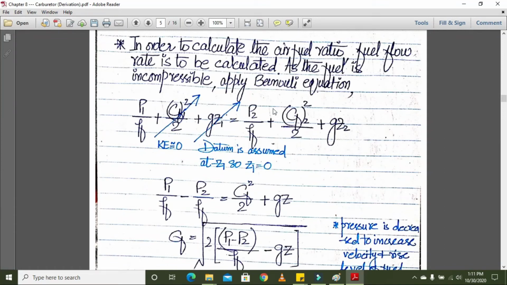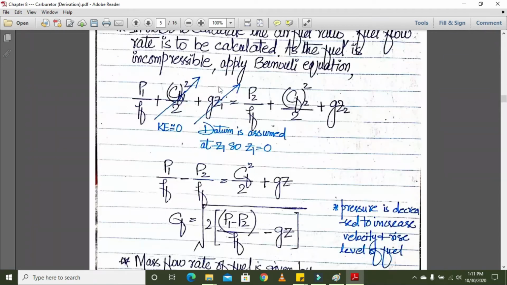So applying the Bernoulli equation, since the velocity of the fuel inside the float chamber is 0, there is no kinetic energy, so we write it as 0, and the datum is also at Z1, so there will be no elevation of the fuel level inside the float chamber. However, there will be some pressure present.